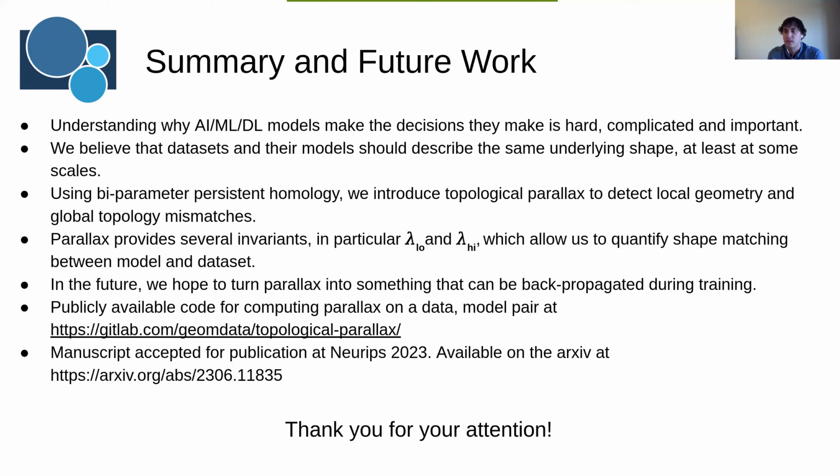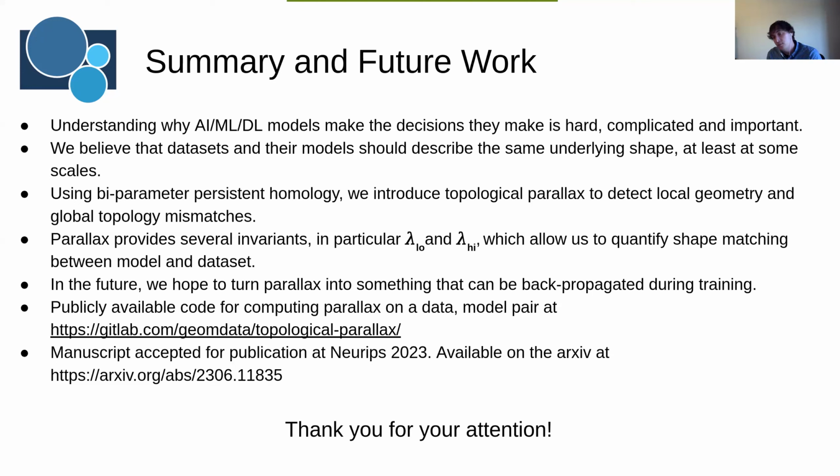They should have the same shape and the same topology. The way we measure that is using a tool from persistent homology, biparameter persistent homology. And what we're working on now is turning Parallax, this lambda low and lambda high, into something that can be backpropagated so that you can train your model to be forced to respect the shape.